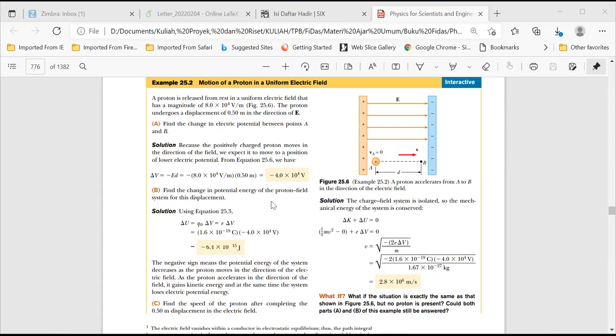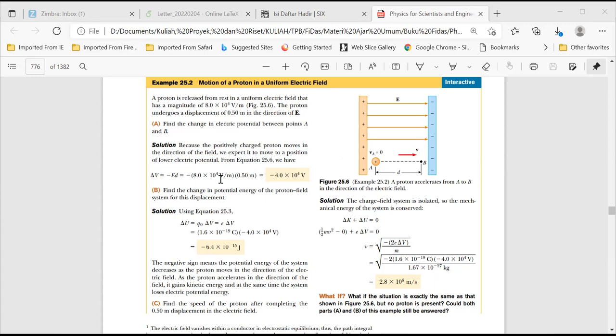This is minus because the final potential is lower than the initial. The initial is positive, but the final potential is negative, so the final potential minus the initial potential should be negative. Is there any question about this point? If not, let us continue.